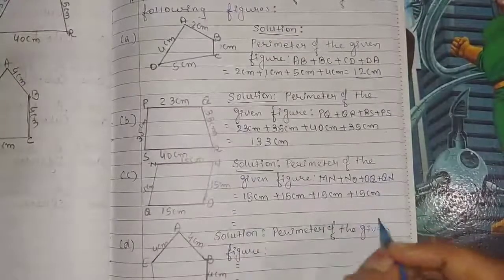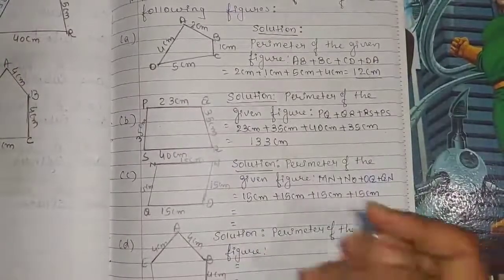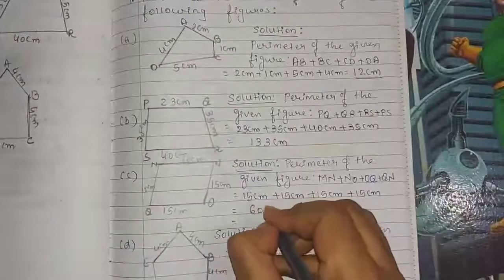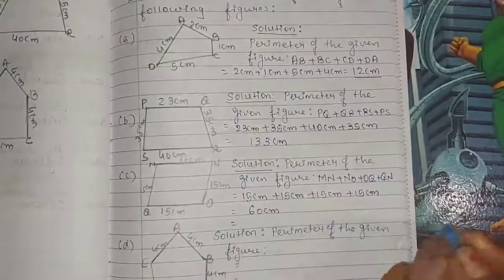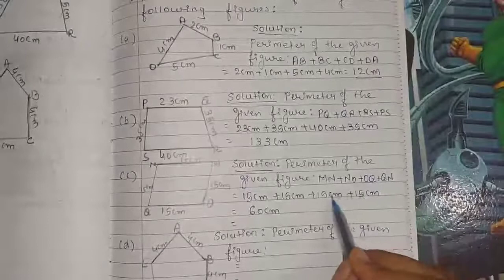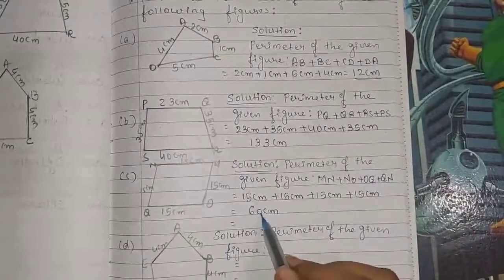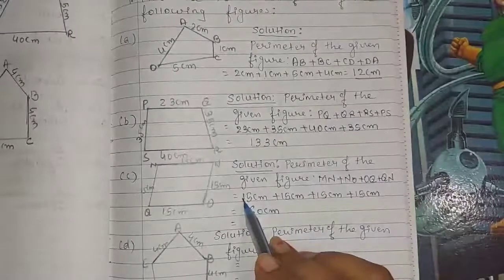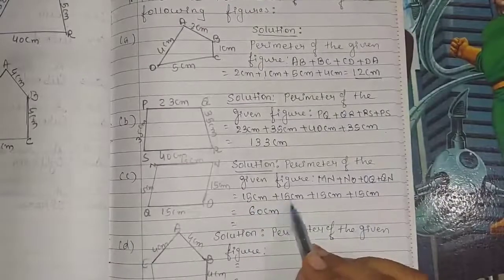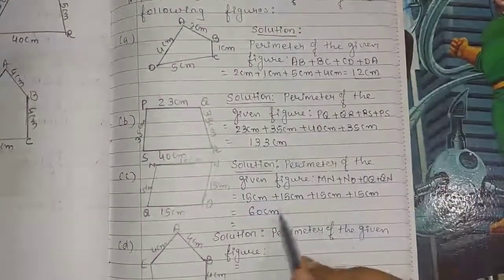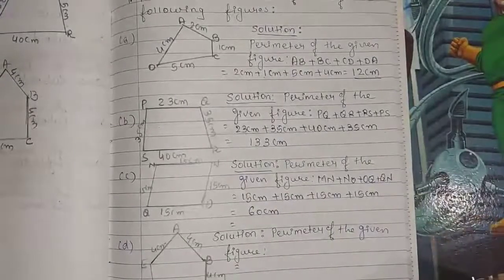So students, what will be the answer? 15 fours are 60. So 60 centimeter. We can add also here: 5 plus 5 is 10, 10 plus 5 is 15, 15 plus 5 is 20. So 0 and carry 2. 2 plus 1 is 3, 3 plus 1 is 4, 4 plus 1 is 5 and 5 plus 1 is 6. 60 centimeter is the answer.